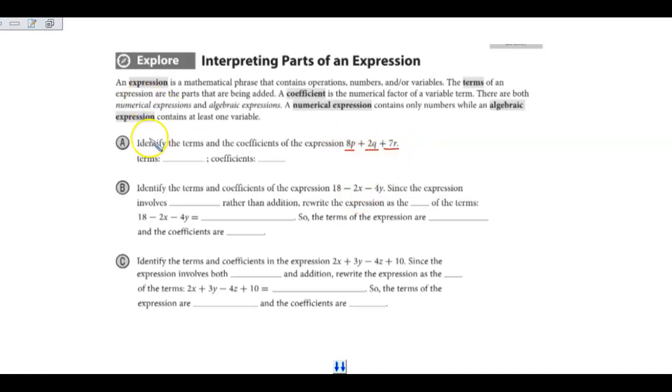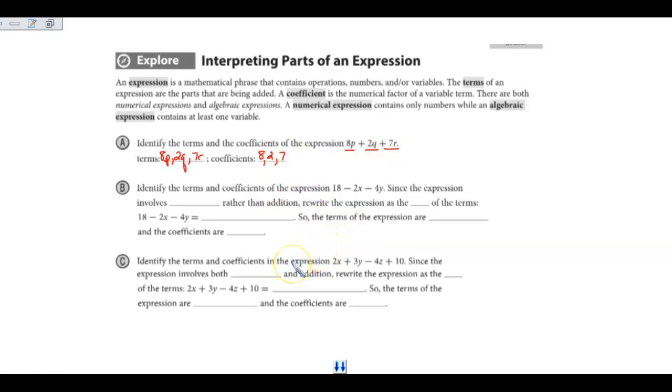So my three terms are 8p, 2q, and 7r. Coefficients, that's the numerical factor in the variable term, and these are variable terms. So I have an 8 in front of this p, so that's a coefficient. A 2 in front of the q, there's a second coefficient, and a 7 in front of the r, and that's my third coefficient.